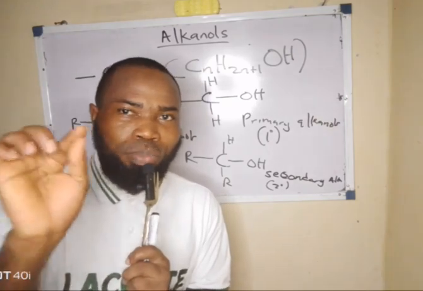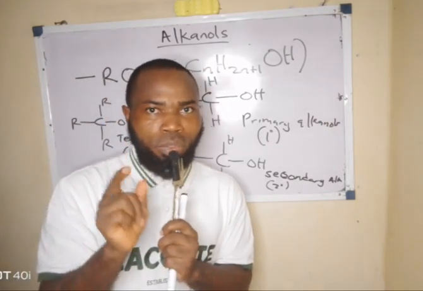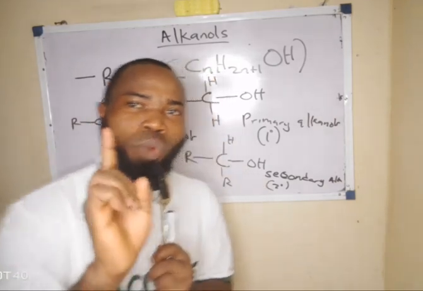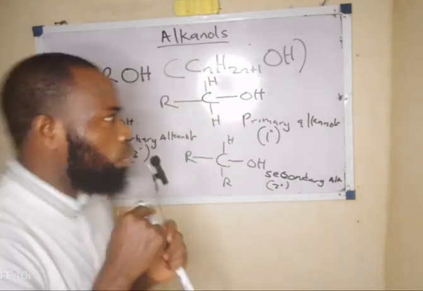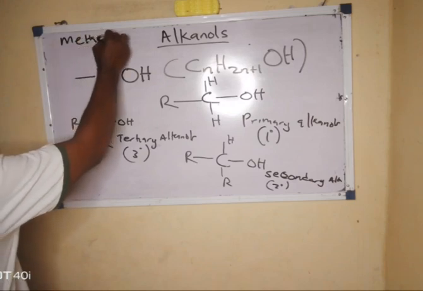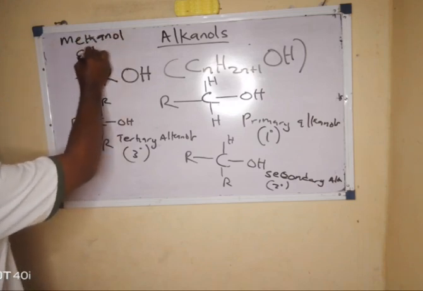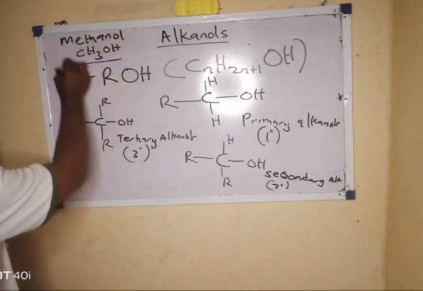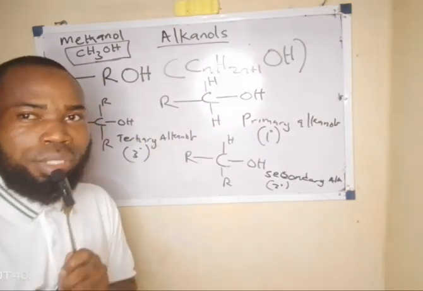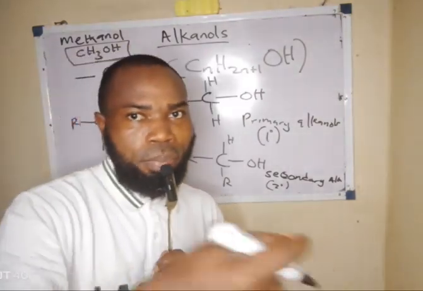Alkanols are commonly used as preservatives. You should pay attention to this particular point. Alkanols are good preservatives, except one alkanol, which is methanol. Be very careful. Methanol, which has a formula of CH3OH, is not used as a preservative in the sense that it is poisonous, so you can't use it as a preservative.